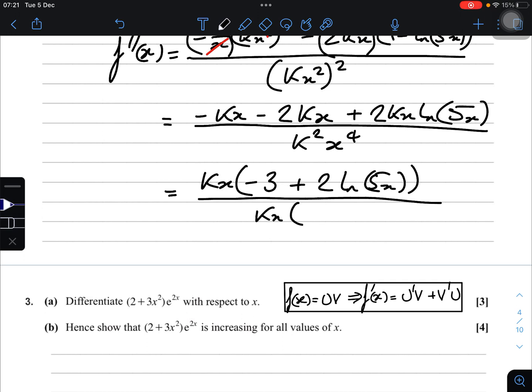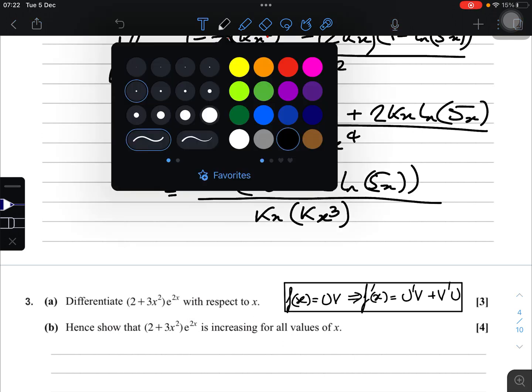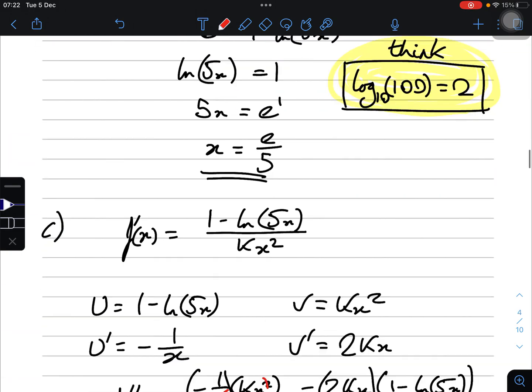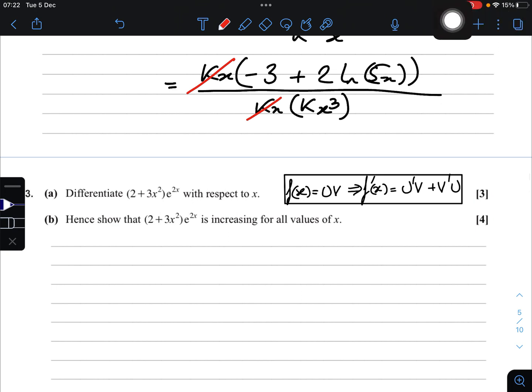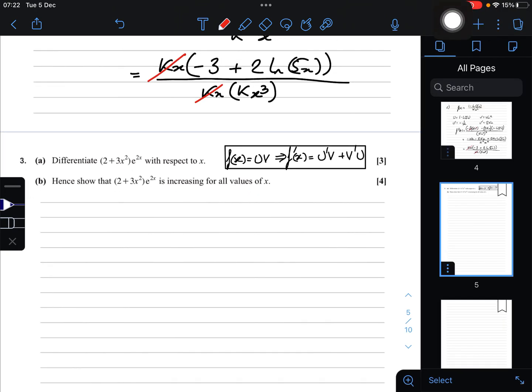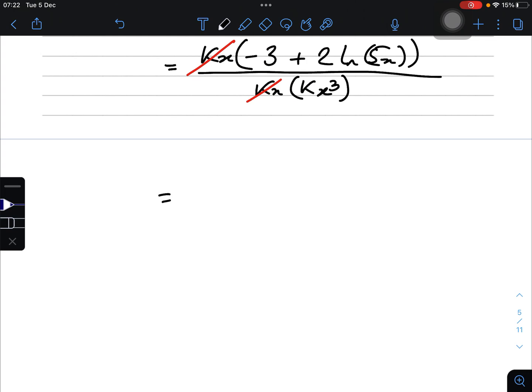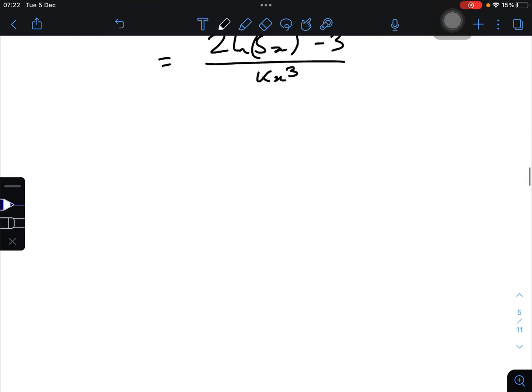I'm going to use brackets here, you really don't need to, but kx to the power of 3. So we've got kx top and bottom. Let's cross those out. Let's see if we've got what they want. Looks like we have. I'm going to add another page here. And so therefore this simplifies down to what we have in the question, which is 2 ln 5x minus 3 over kx cubed. Bingo. Okay.